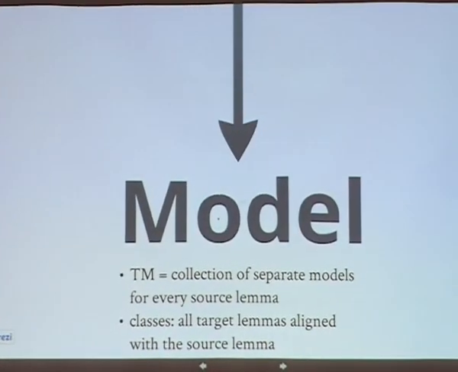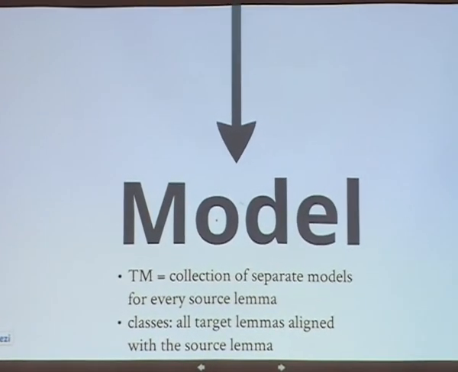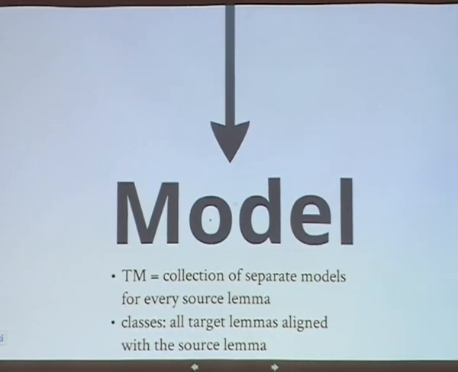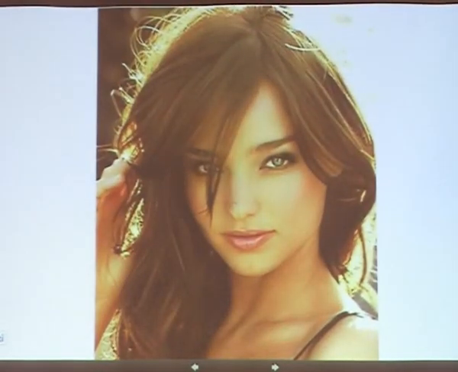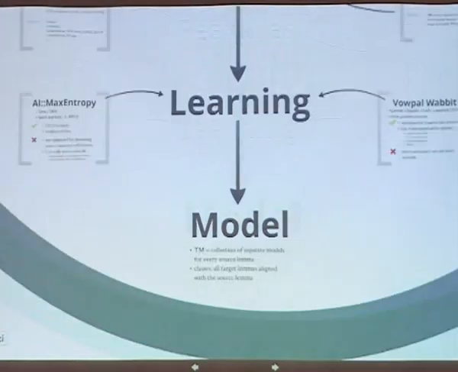Given an English lemma, we collect all instances with this lemma on the source side, and then we train a model for this lemma with classes that are all target lemmas that were aligned with this English lemma. So we don't have a huge model, but we have a lot of smaller models.